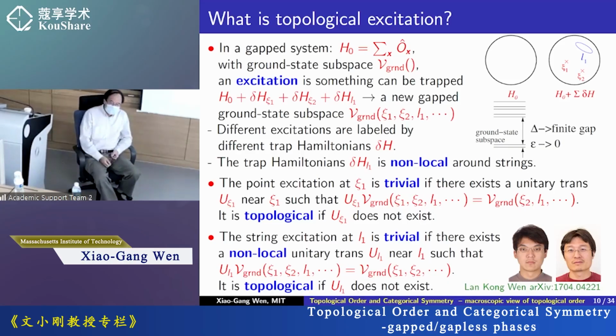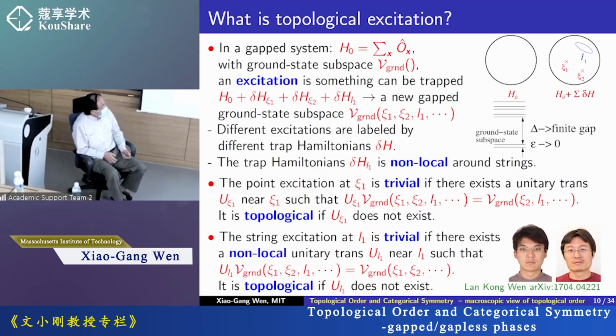Okay. Then here we try to describe what kind of properties we want to study. One property is the equivalence class. How many different equivalence classes do we have? That means how many different types of punctures can we have? A different type is defined by adiabatically changing the trap.